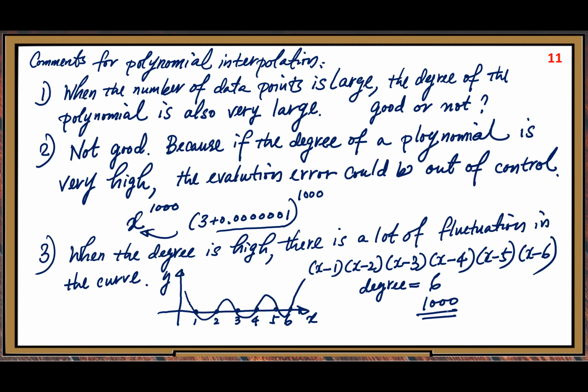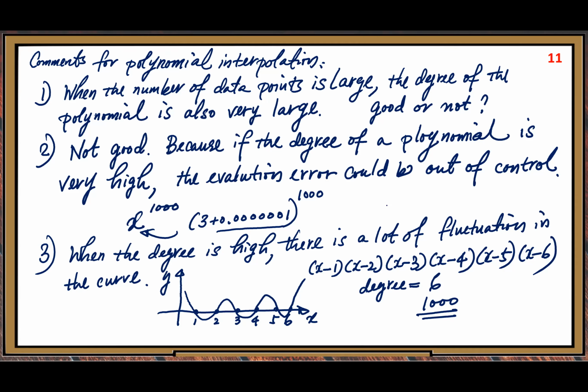So the fluctuation is very big. So that kind of approximation is also not very good. Because the fluctuation like this is not a simple approximation.